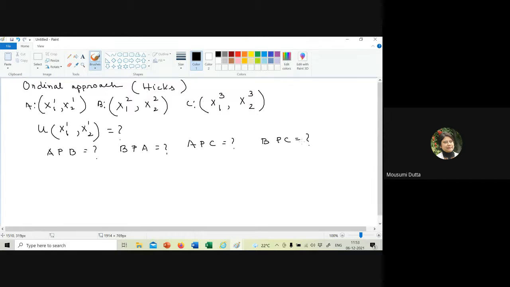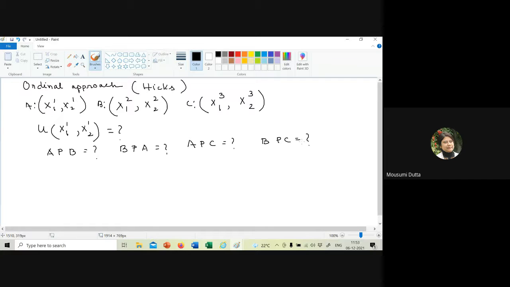Now, when the consumer theory, the entire idea, started to form, there were two parallel economists. One is Marshall and another is Hicks. Marshall thought in this way: there should be a unit of measurement using which I will be able to say this much satisfaction I am getting out of this combination of commodities.